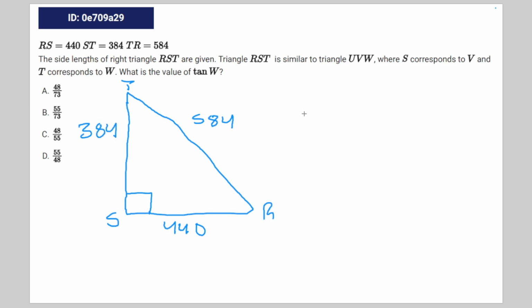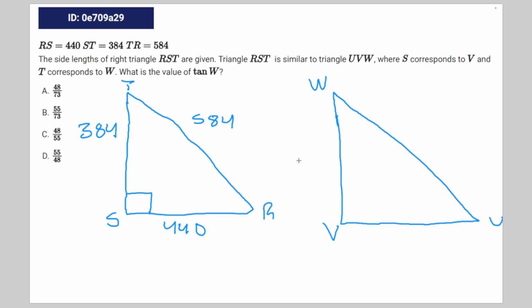So then to find the tangent of W, we're just going to draw the corresponding triangle for UVW relative to RST. So R is corresponding to U, S is corresponding to V, and T corresponds to W. So to find tangent of W, we're just going to take the corresponding sides of RST.